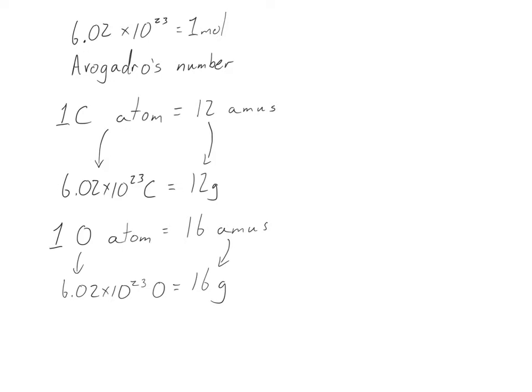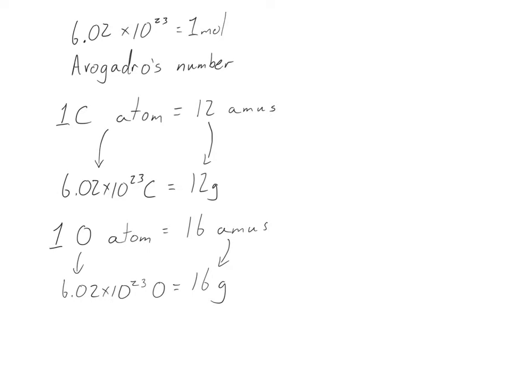It's kind of like saying cherries versus oranges. If I have a dozen cherries, that's not going to weigh very much because a cherry by itself doesn't weigh that much. If I have a dozen oranges, it's going to weigh a lot more because an orange by itself also weighs a lot more than a cherry does.